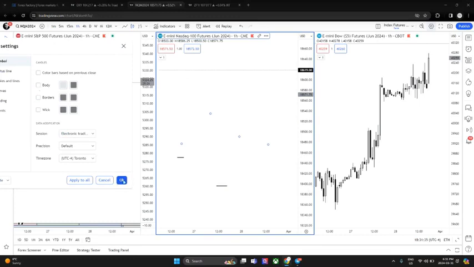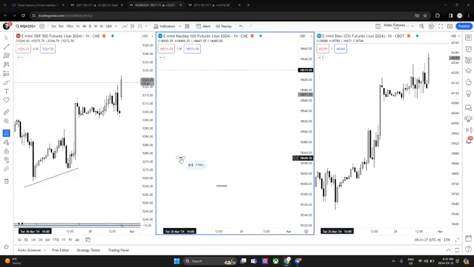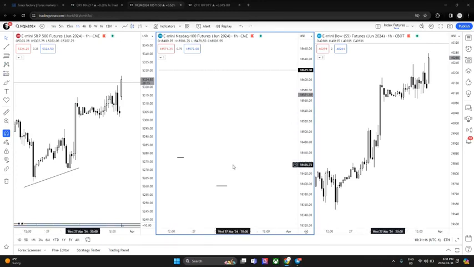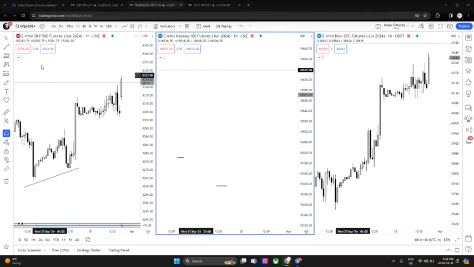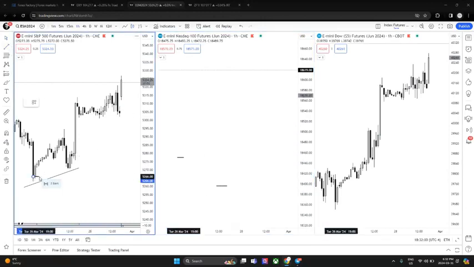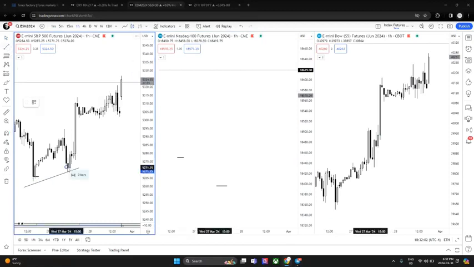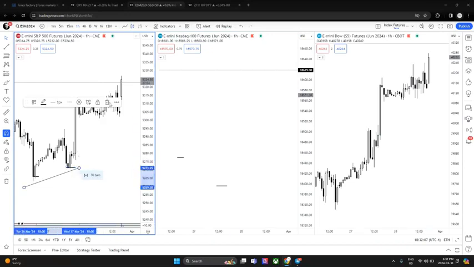This is what it looks like. It sees the closes. It doesn't see candles or the wicks. It's just the closes that matter to it, right? So price closes here, then it just closes here. That's what the algorithm recognizes as sequential SMT during the specific times. Here, we have price closing here and here.